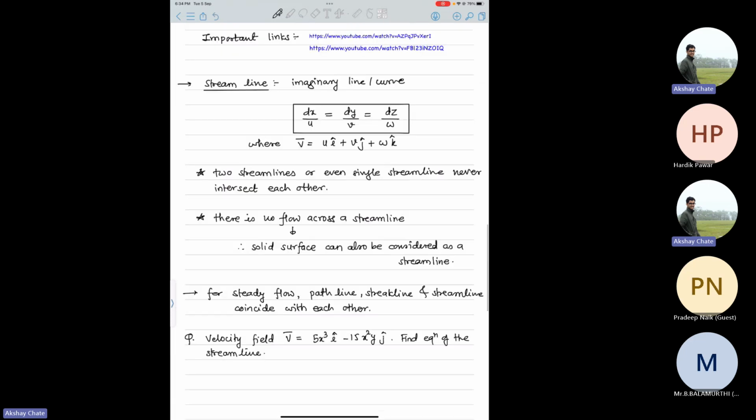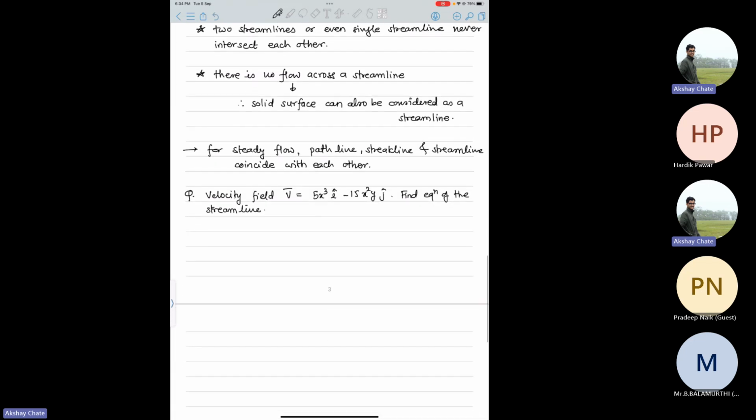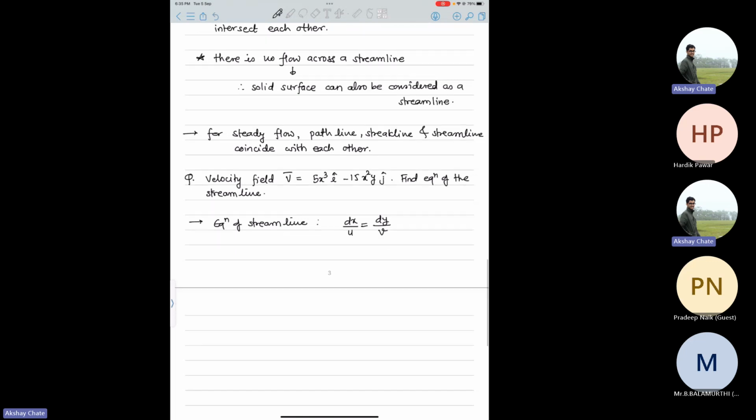So again, I'll just go back to the formula. Here only i and j components are there, which are x and y components. The z component is not there. So the equation of streamline is given by the general formula dx by u equals dy by v.